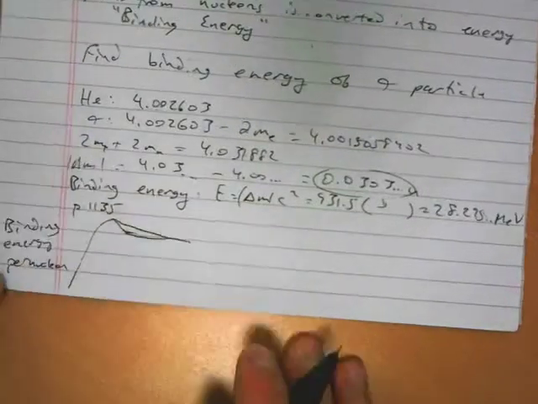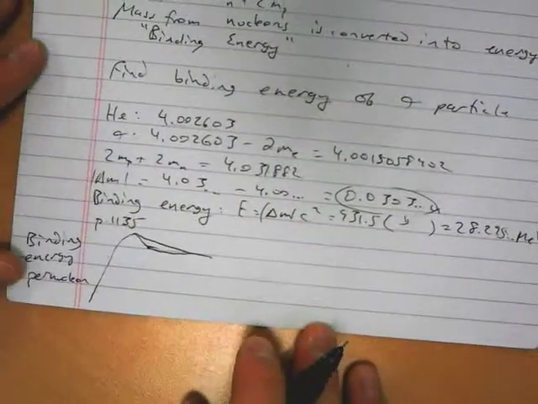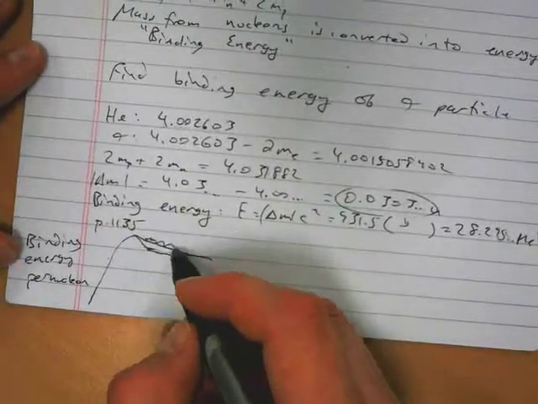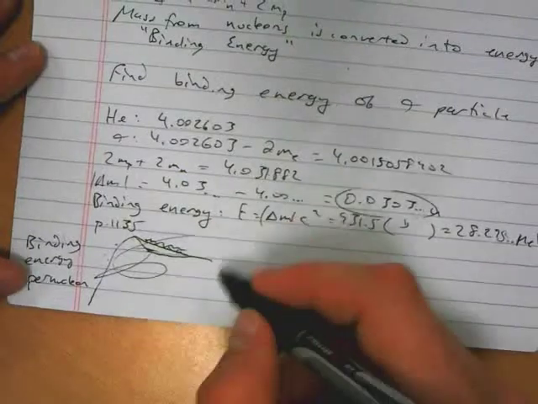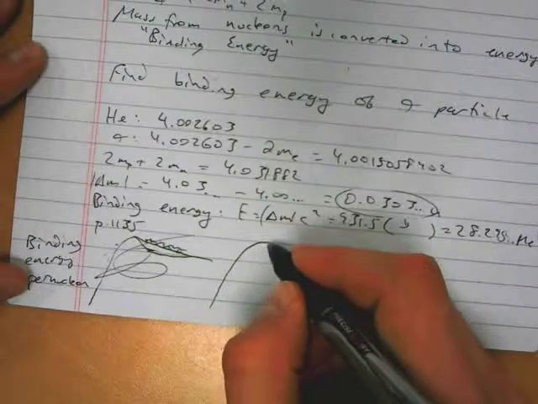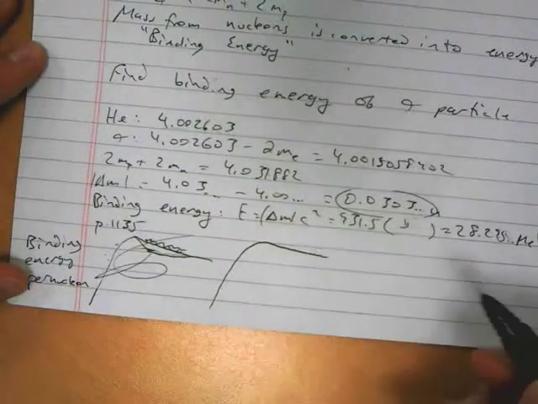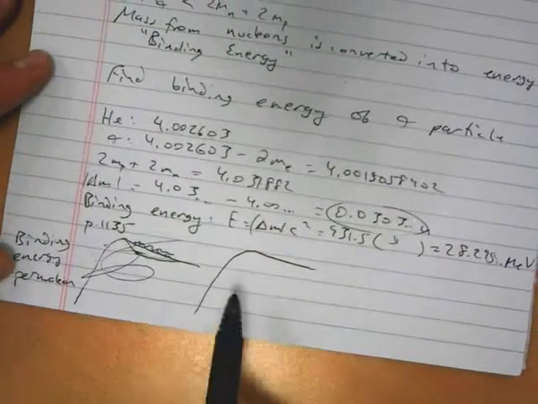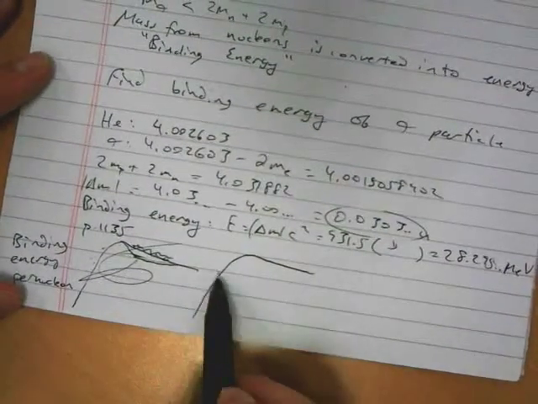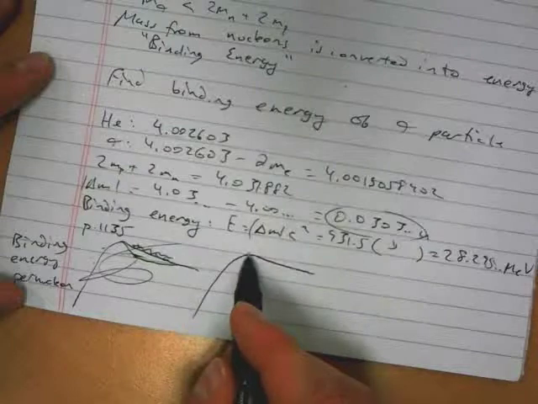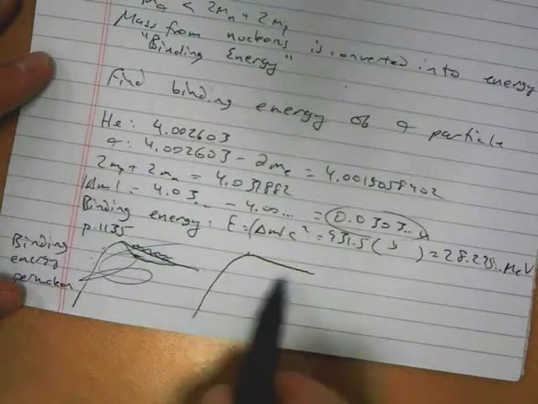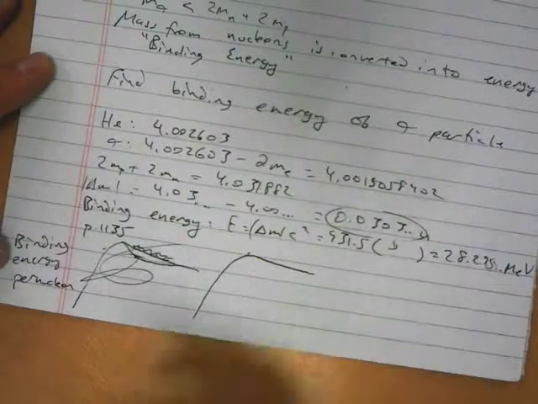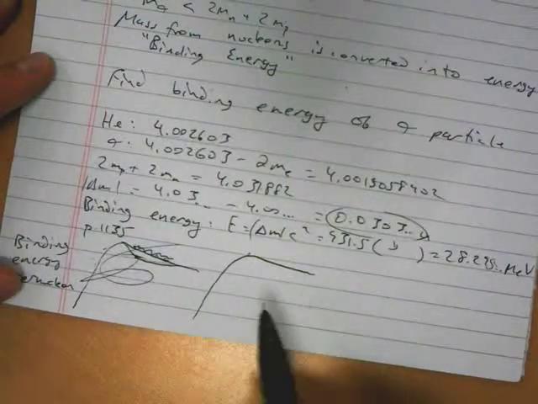So obviously, larger atoms are going to have more binding energy because they're larger. There are more nucleons. There are more bonds going on. But the binding energy per nucleon has this sort of shape where there is a maximum binding energy per nucleon, and then on either side of that maximum, the binding energy is less per nucleon.